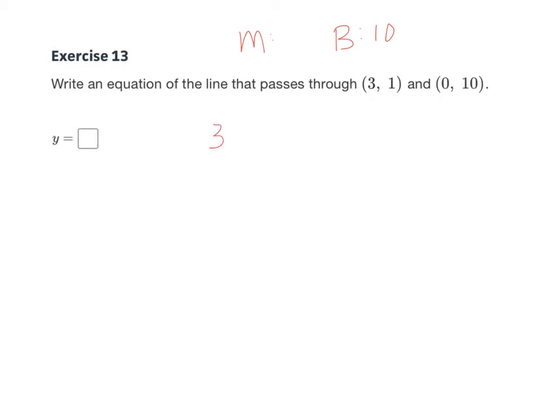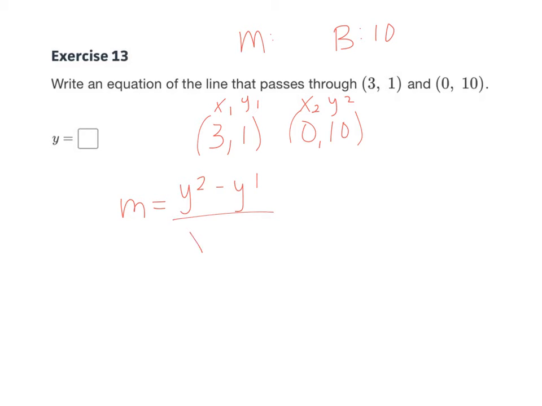So what I'm going to do is rewrite this here as (3, 1) is x1, y1 and (0, 10) is x2, y2, and we're going to use the equation slope is equal to y2 minus y1 over x2 minus x1. Basically what we're doing is finding the change in y over the change in x.